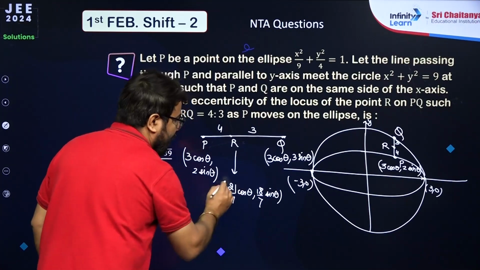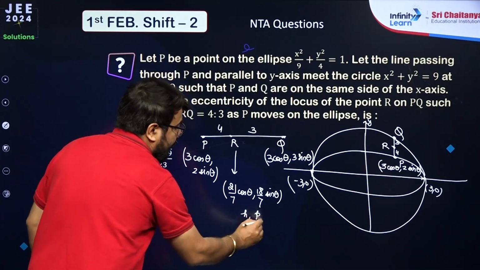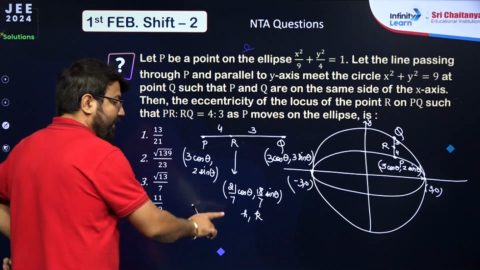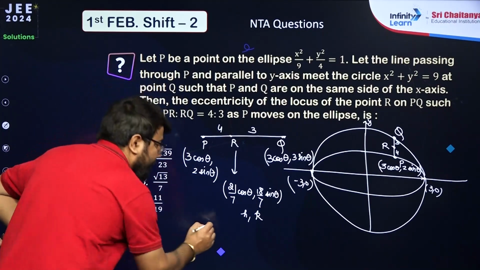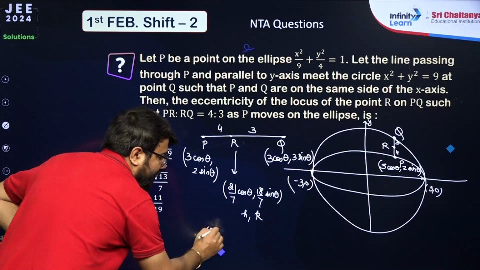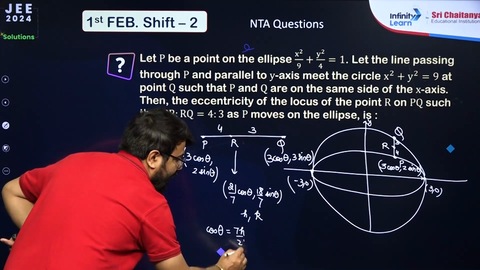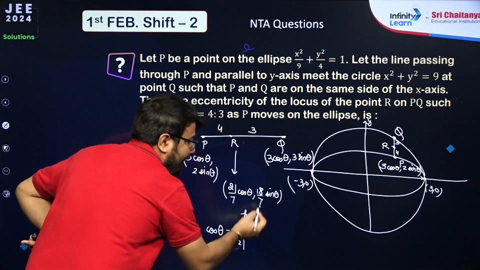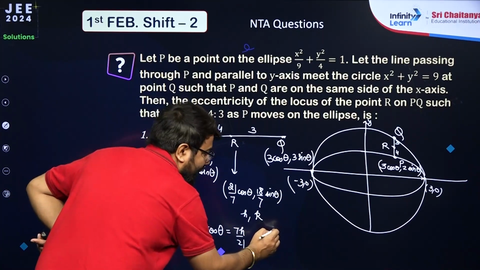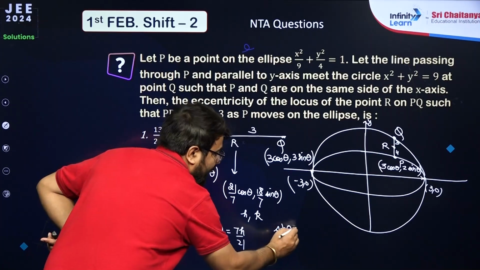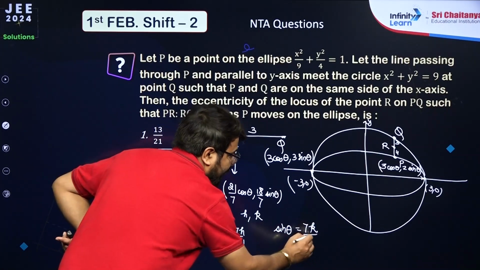So this is actually h as well as k. Once we have the value of h as 21 by 7 cos theta, it will be very easy to write the value of cos theta. That will become 7h over 21. Now in the same way, 18 by 7 sin theta is equal to k, so the value of sin theta will be 7k over 18.